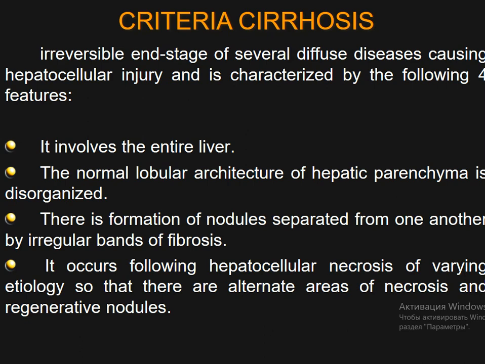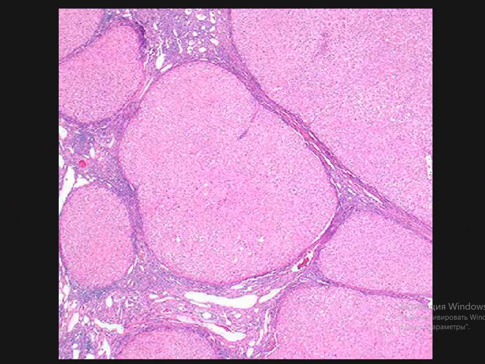There is formation of nodules separated from one another by irregular bands of fibrosis, and it occurs following hepatocellular necrosis of varying etiology, so that there are alternate areas of necrosis and regenerative nodules. And finally, we can see this morphological picture.